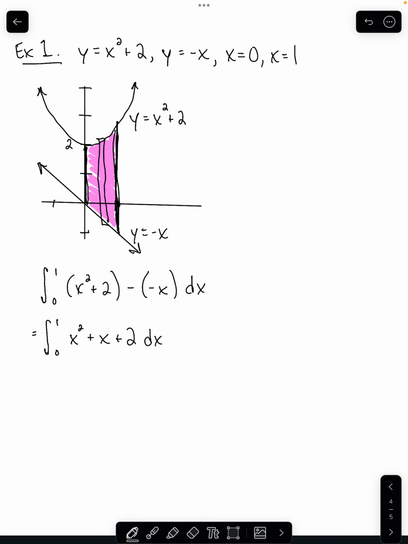And this being a polynomial is easy to find the antiderivative of. The antiderivative is x cubed over 3 plus x squared over 2 plus 2x. And again, since this is a definite integral, we can forgo the constant of integration.